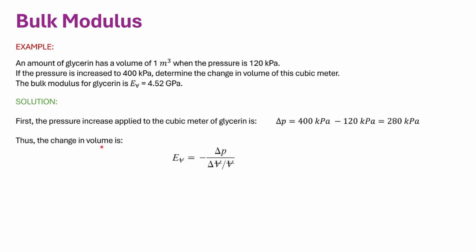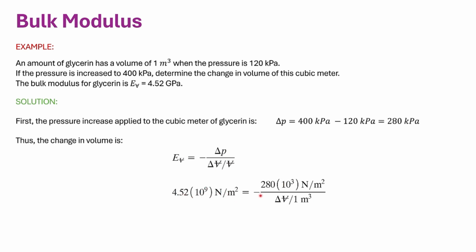Therefore, for the change in volume, we have to use that formula again: E sub V equals negative delta P divided by delta V over V. So if we plug in numbers here, we know that E sub V is 4.52 gigapascals, so it's 4.52 times 10 to the 9th newtons per meter squared.